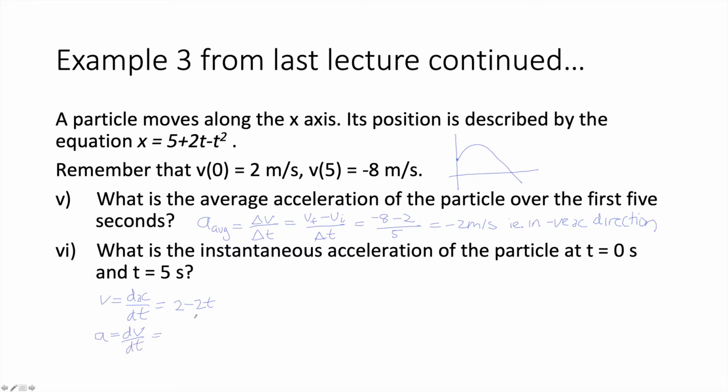When we differentiate this again, we end up with minus 2. That tells us that the instantaneous acceleration at 0 and at 5 seconds is minus 2 meters per second. So a at 0 is minus 2 meters per second, and a at 5 seconds is minus 2 meters per second. Again, this negative shows that it's going in the negative x direction.